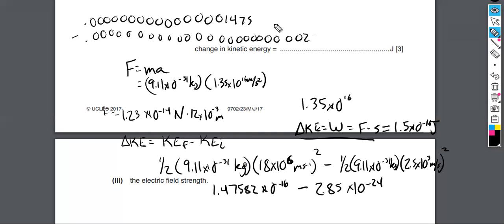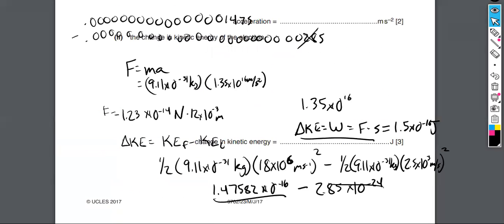That little bit of initial kinetic energy doesn't really do anything. So you can see how this is my answer up here, 1.5 by 10 to the negative 16. That's negligible. You should get 1.5 by 10 to the negative 16 either way you calculate it.